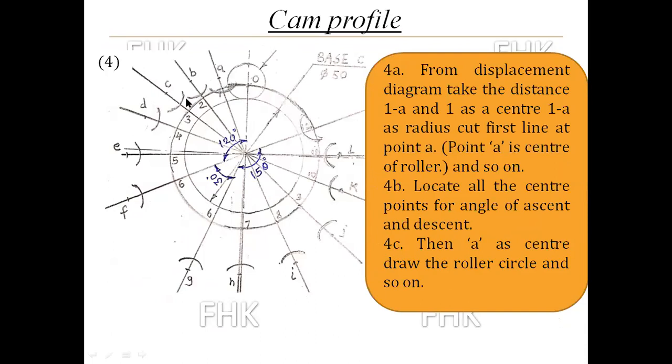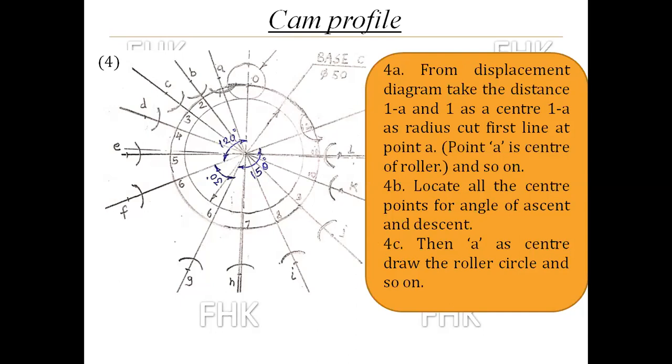Remember that point, understand it clearly. Whatever you are marking, cutting that first numbered line, you are getting point A. That point is the center of the roller, not the tangency point of the cam profile.